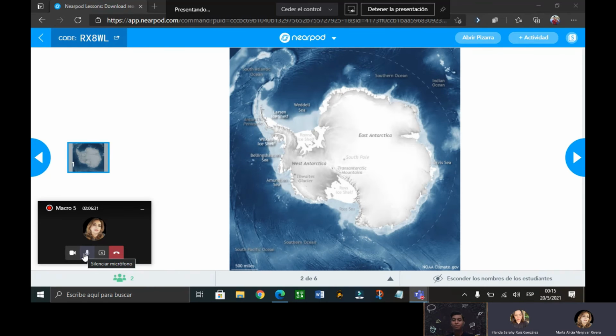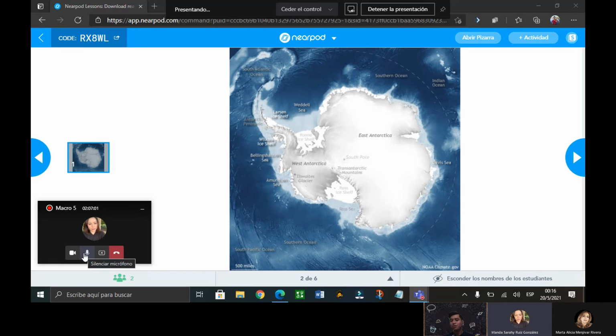I think that Antarctica is located near South America. Yes, it is below South America, nearby Argentina, nearby La Patagonia. Exactly.